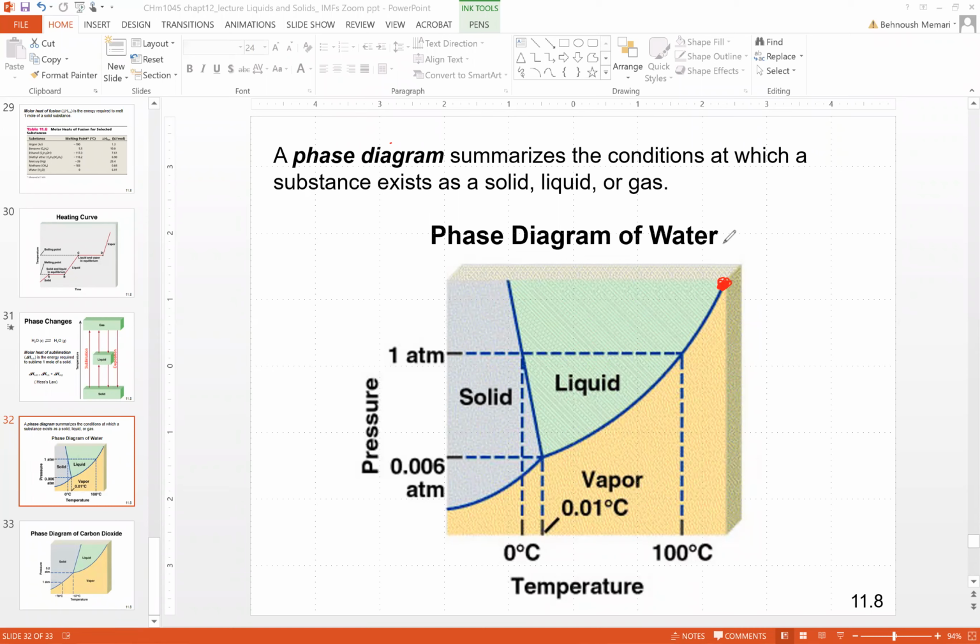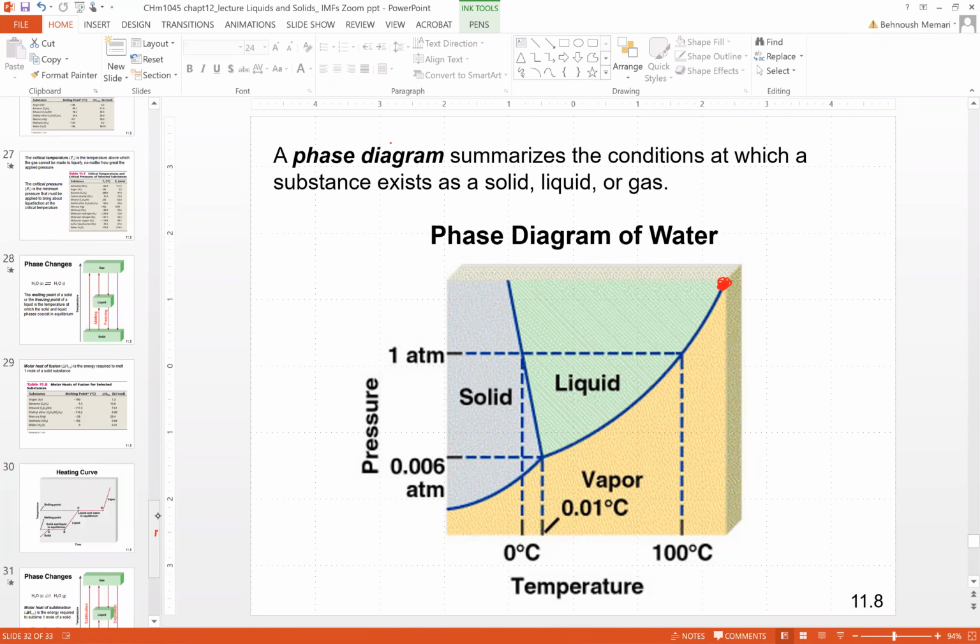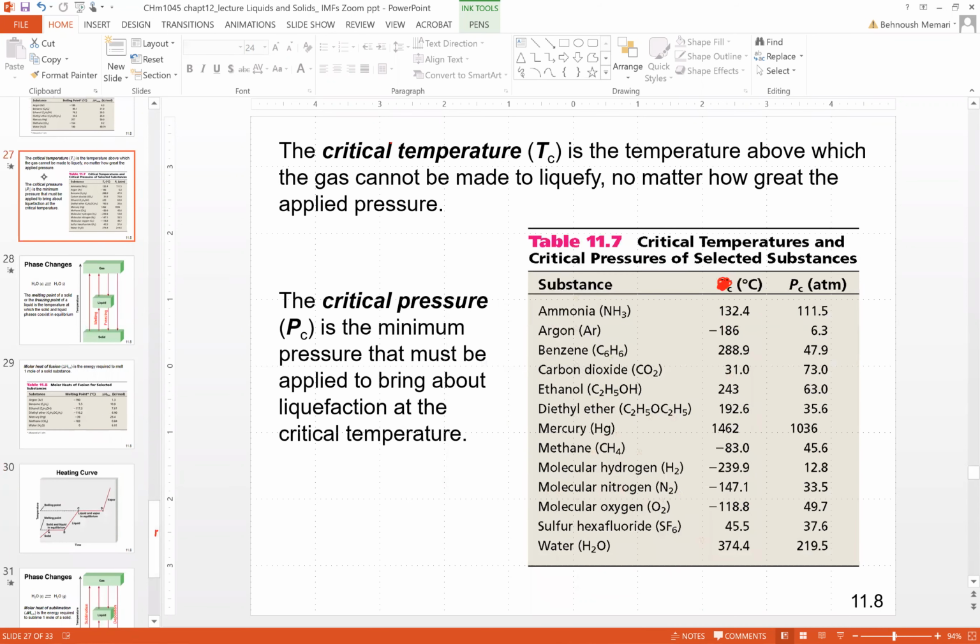It's like the super value. It's the temperature above which the gas cannot be liquefied, no matter how great the applied pressure is.